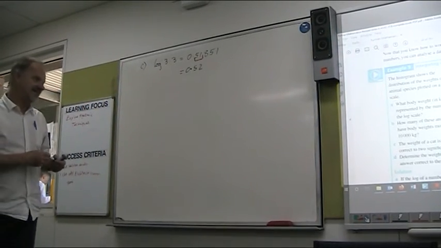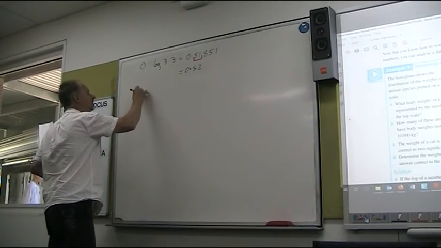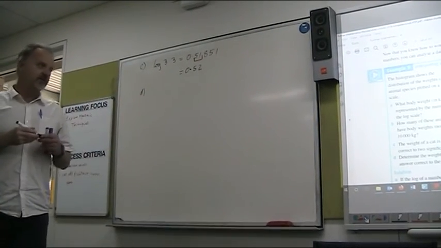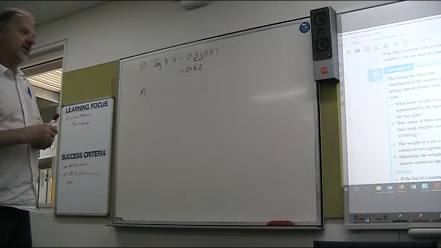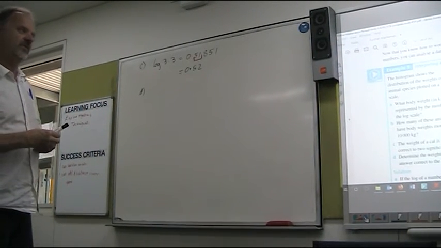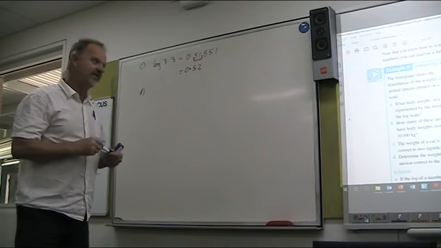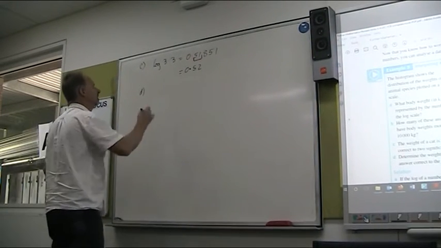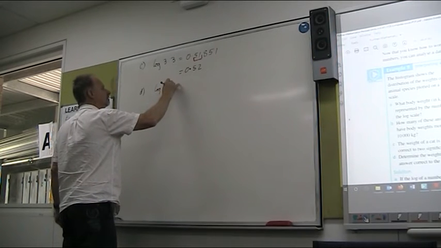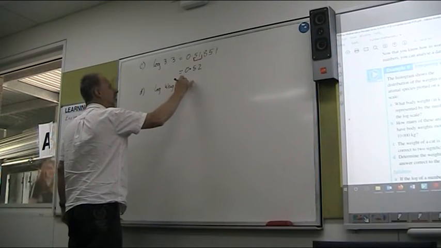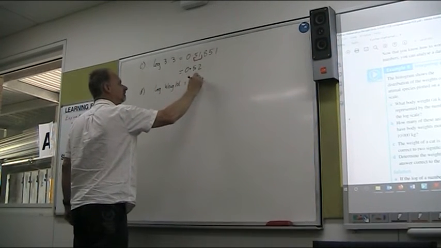Alright, and part D was determine the weight in kilos whose log of their weight is 3.4. So the log of the weight equals 3.4.